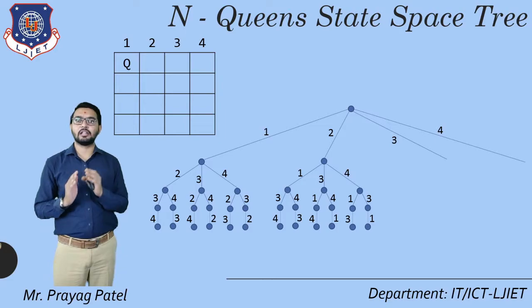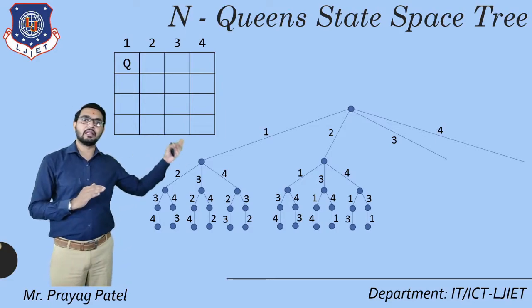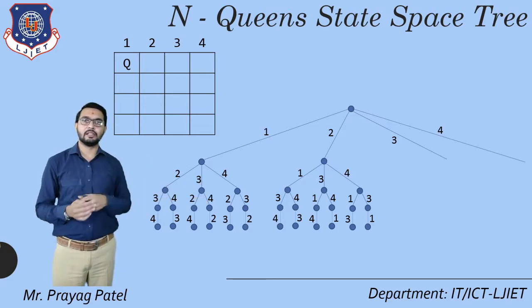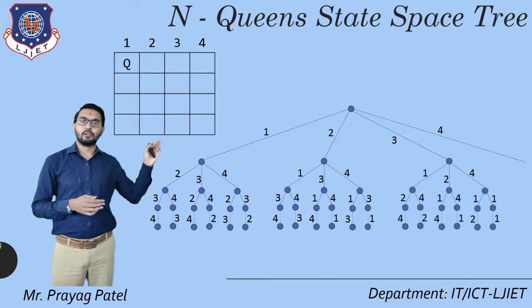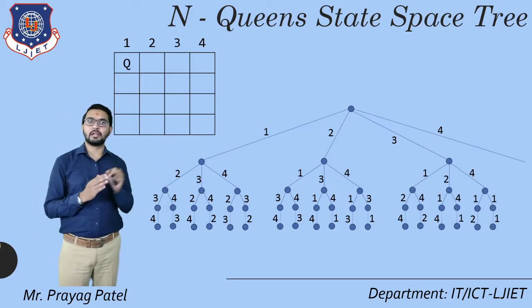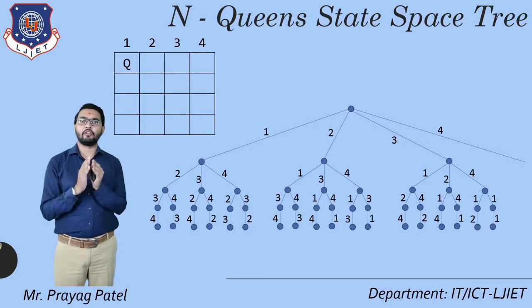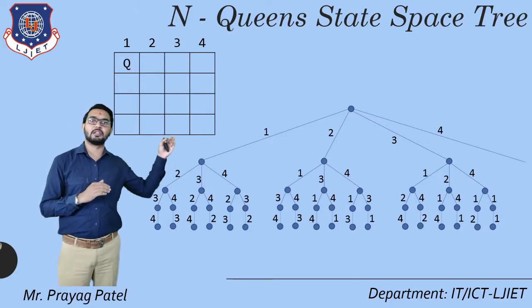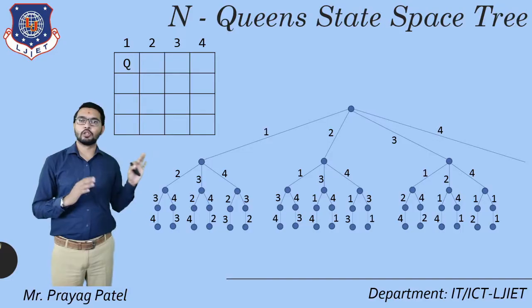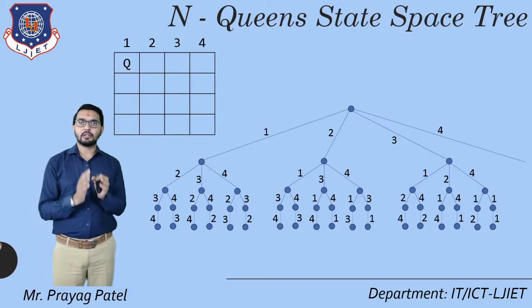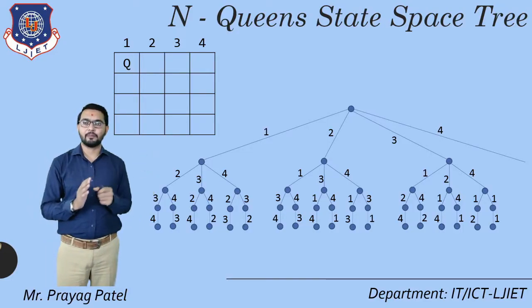After the 1, consider the 3 or 4, means we can say the second tree is like this. Now for the third column, if we first put the queen in the third column, then the next options are 1, 2, 4 like this. So this tree is considered the 4 queen state space tree.